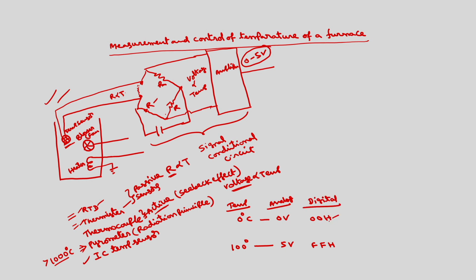Now these digital values can be obtained from this using an A to D converter. So you have to connect this to the A to D converter, ADC. This is the analog input. We will get digital output.